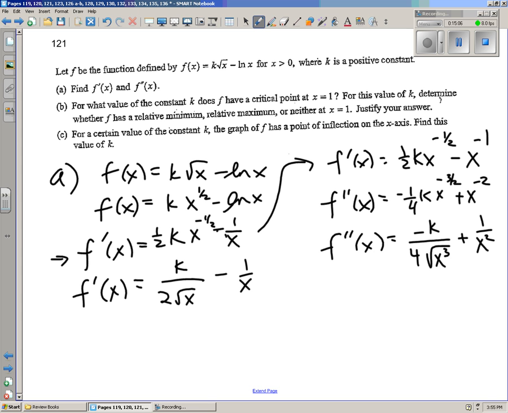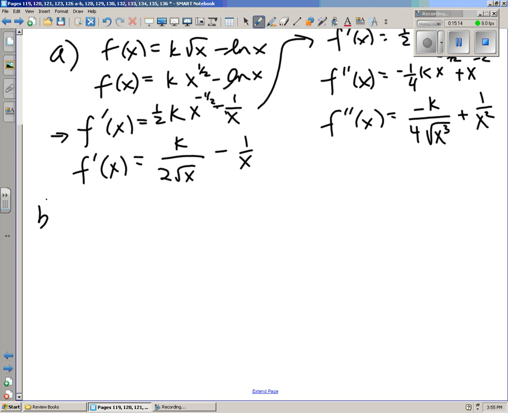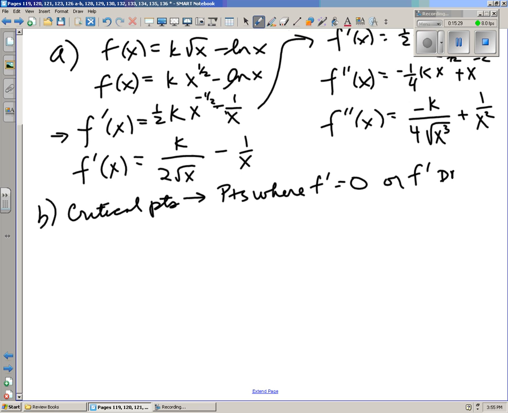They're going to ask some questions here. It says, for what value of the constant k does f have a critical point at x equals 1? Again, critical points are points where f prime is equal to 0 or f prime doesn't exist.